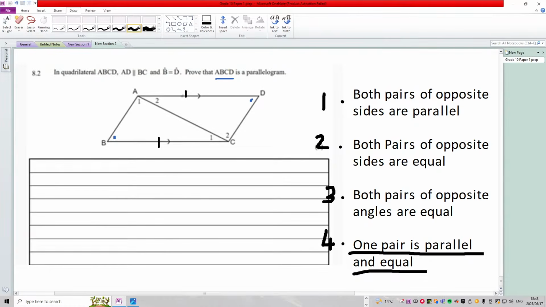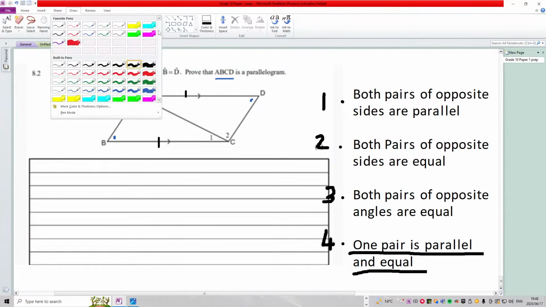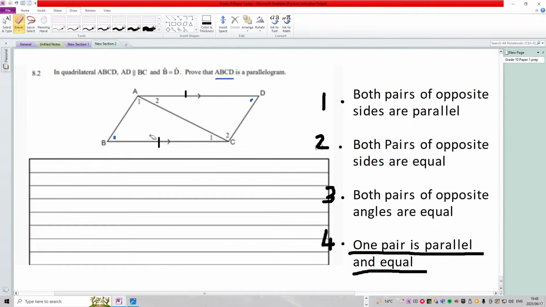Now, where do we start? That's the biggest question that you will have in answering all of your mathematics questions: now what? Where do we start? The information I've been given is that this angle is equal to that angle. So far, what do I have? Let me write it down.